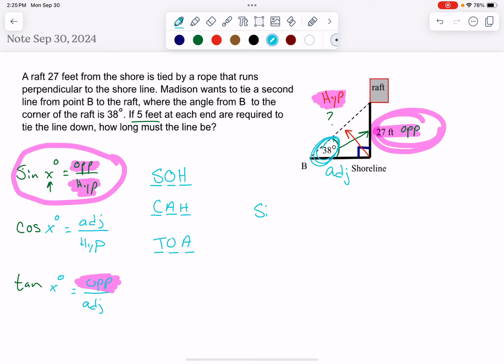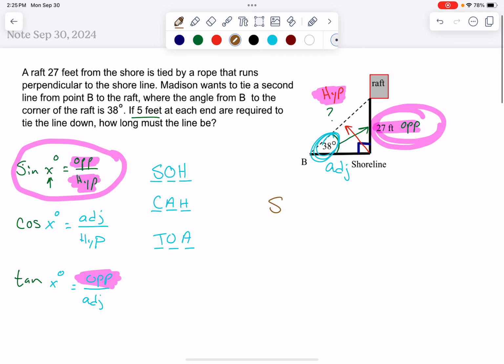So we're going to do the sine, let's use a different color here, of 38 degrees is equal to, remember it's opposite over hypotenuse, the opposite side of 27 over the hypotenuse, I'll put a question mark here, right, hypotenuse.